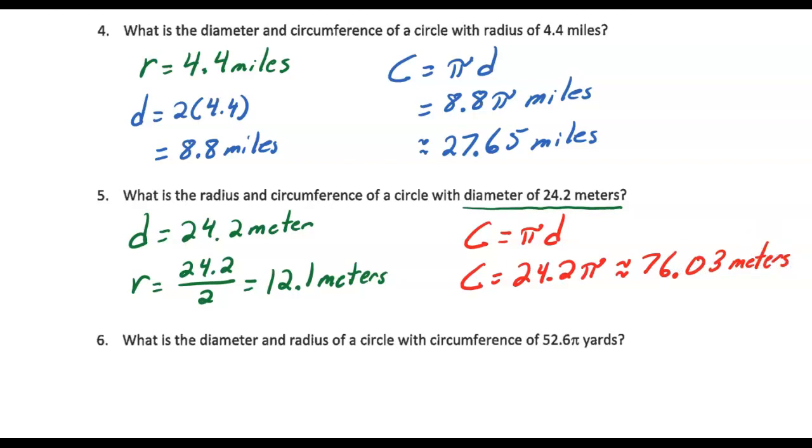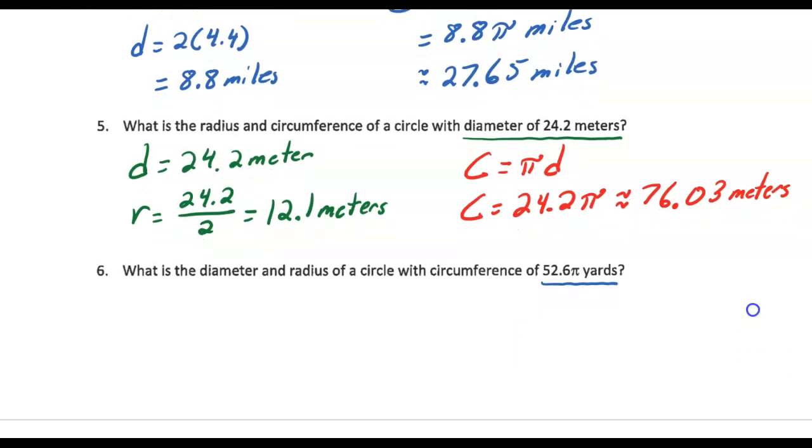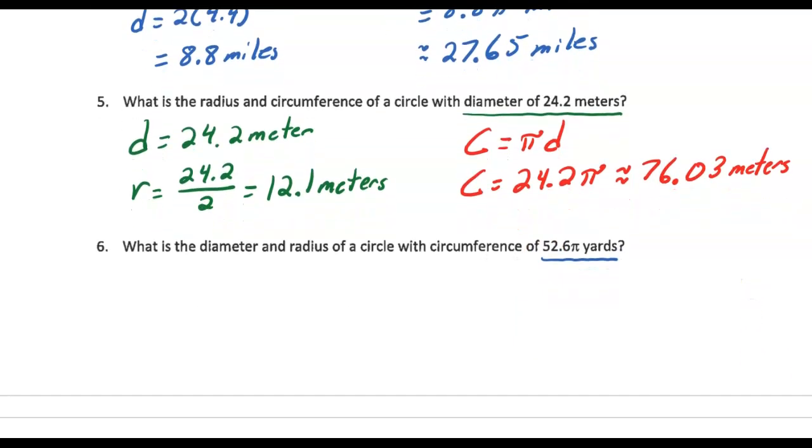And then the last question on the first page of our notes, the circumference of a circle is 52.6 pi. So circumference is pi times diameter. So the circumference we know is 52.6 pi.